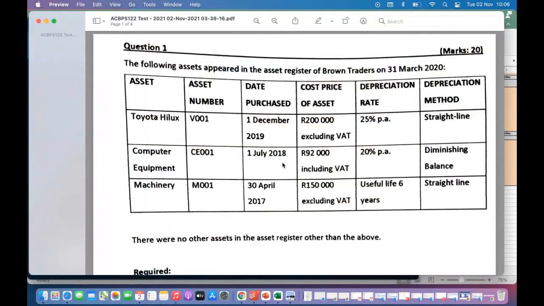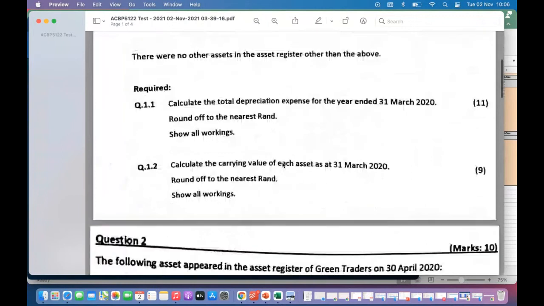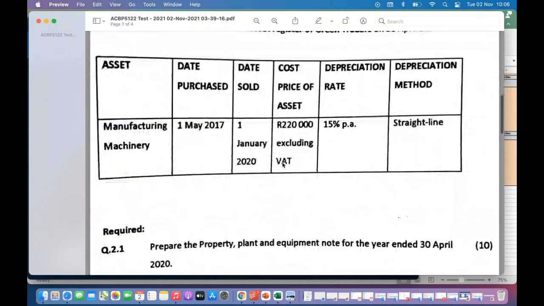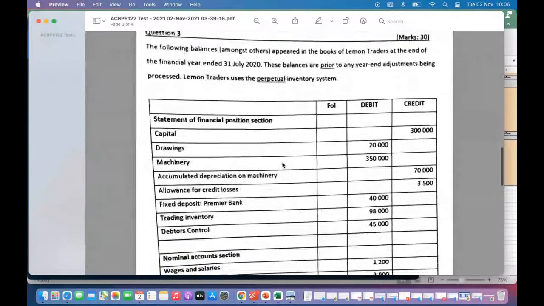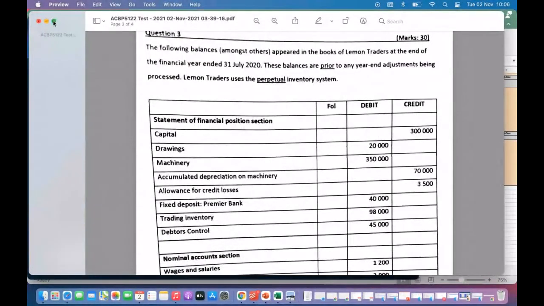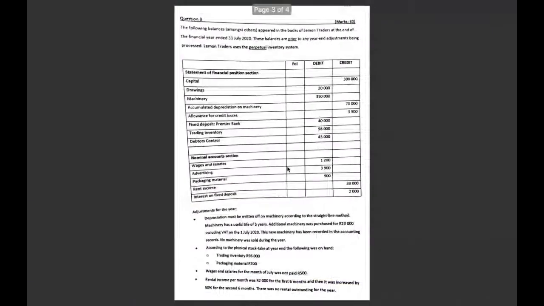We're going to start with revising question 3 of your test, and then from there we'll move on to the other sections of the test. Yes, let's start with question 3.